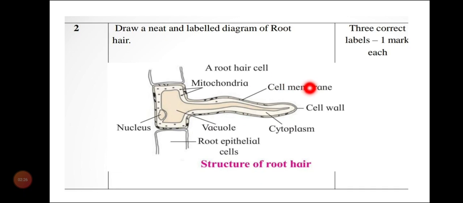But always do 4 labelings. You need to draw this diagram and label cell wall, cell membrane, cytoplasm, vacuole, nucleus, mitochondria, root epithelial cell. Any 4 labelings you need to remember and do.